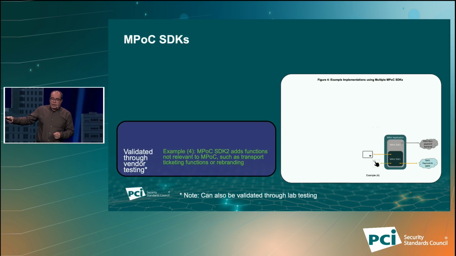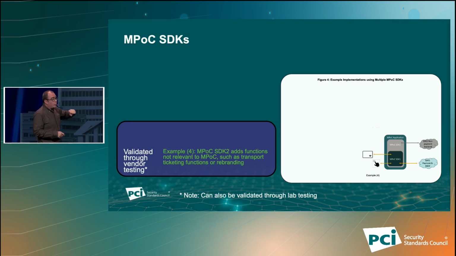There are examples where vendor testing will work. If you're only adding functionality that has no impact on any of the MPoC requirements, you're not doing anything with actual payments, you're not doing anything except maybe rebranding, supporting transport tickets, that sort of thing, then that could be something that could be validated by the vendor of MPoC SDK 1.